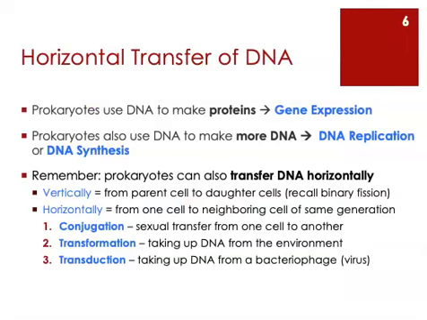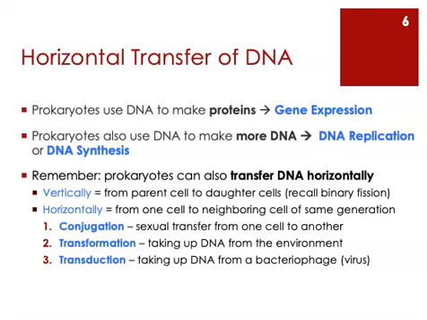So when it comes to gene expression, and remember, gene expression is described in the central dogma, prokaryotes are using their DNA to make proteins, just like eukaryotes are. Microbial cells are using their DNA to make protein, just like other cells are.